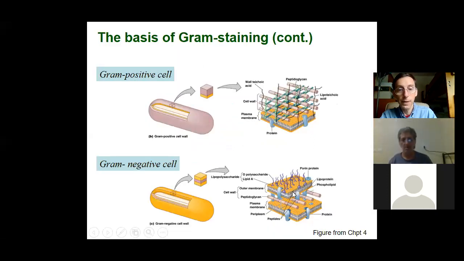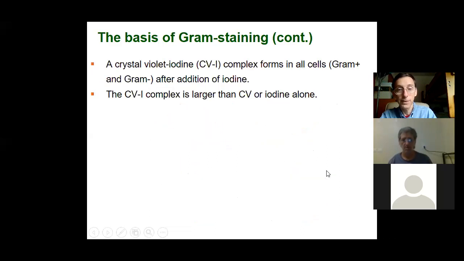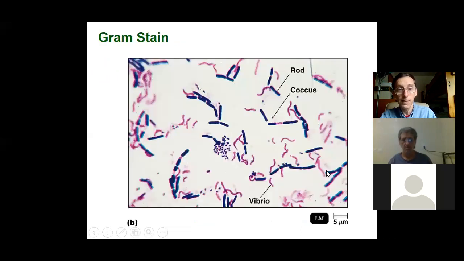This outer membrane of the cell wall of a gram-negative cell blocks the penicillin G from getting into the cell wall and then damaging it. So this outer membrane protects the gram-negatives from penicillin G. Any questions about that?